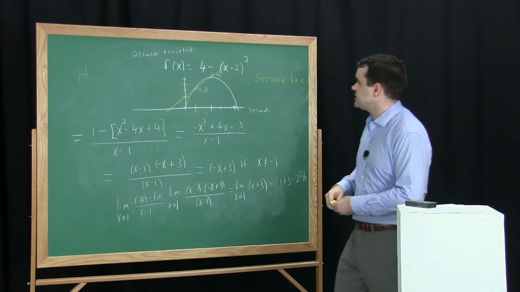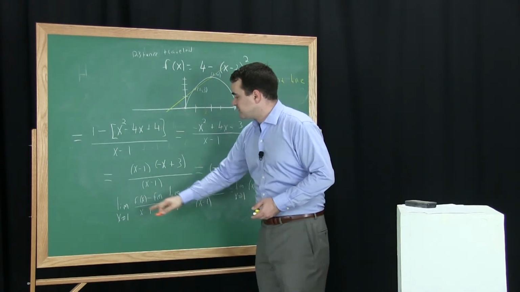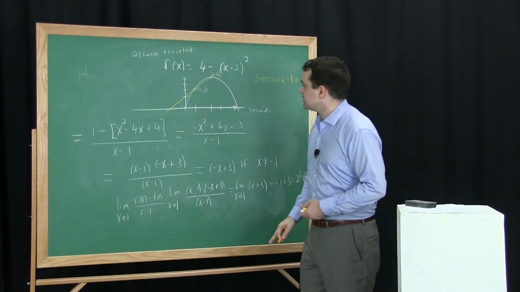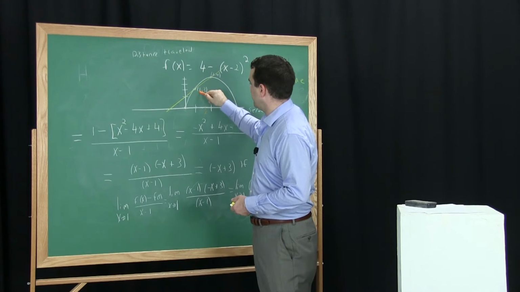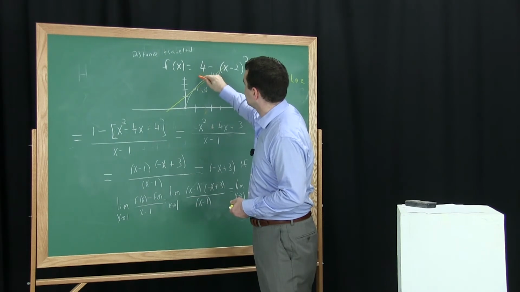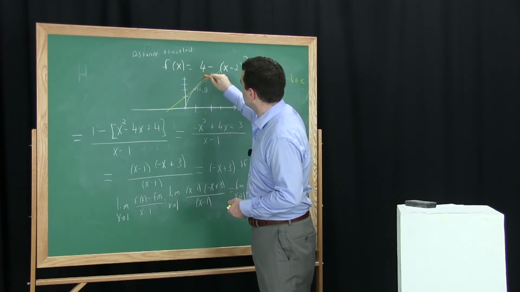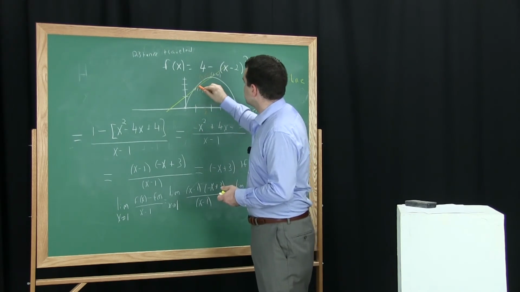And how can you visualize this? Well, what we've done before we took the limit was we looked at the slope of the secant line from the point 1, f of 1, which is (1, 3), to the point x, f of x. So you look at that secant line.